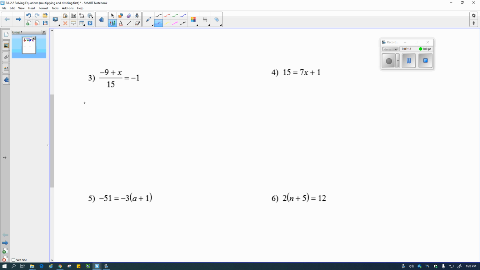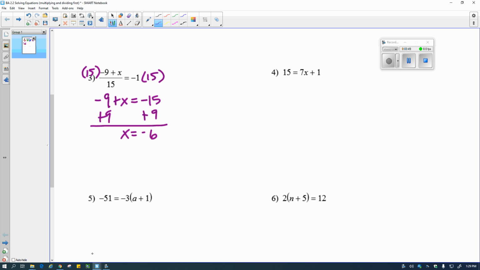Where normally I would want to get rid of addition and subtraction first, this fraction bar creates a grouping symbol. So I'm going to have to multiply the 15 out before I can do my solving. I'll add 9 on both sides, and so x equals negative 6 is my final answer. If I plugged that in, I should end up with negative 9 plus negative 6, which is negative 15. Negative 15 divided by 15 would give me negative 1, so that would check out.